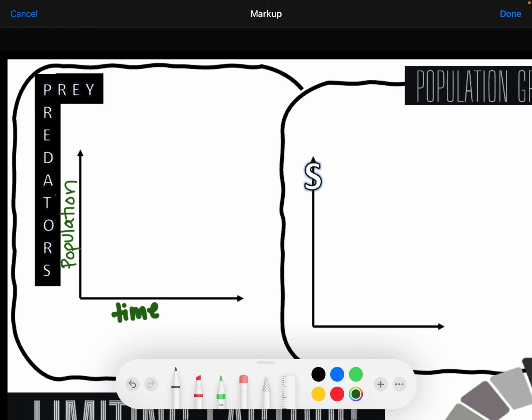First I'm not going to necessarily say what the lines are. I'm just going to draw them and see if you can determine who they are based upon what we know about a population. Okay, so I'm going to choose, let's start with red.